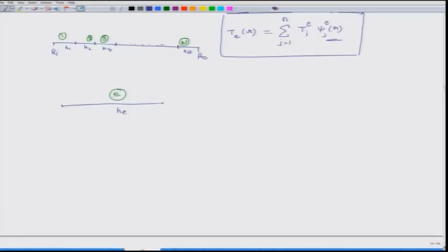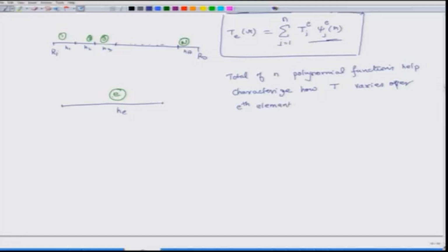So, there are n shape functions associated with this element, so a total of n polynomial functions help characterize how T varies over the eth element.